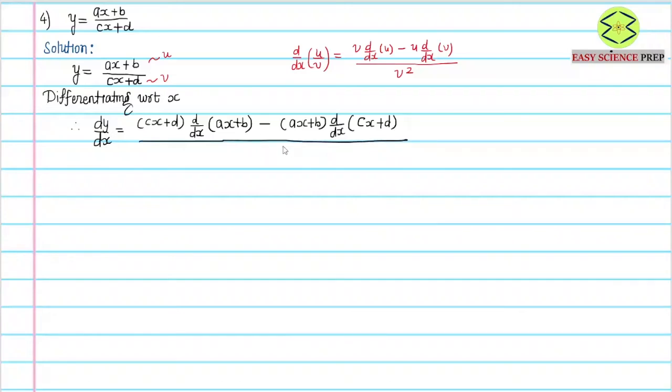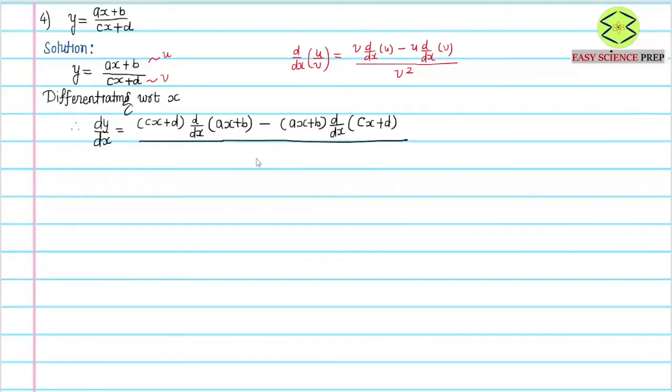Kindly remember here that all the terms a, b, c, d are constants. The only variable is the x term. There is no other variable here. We have only y as a variable and x as the other variable. All these a, b, c, d are constants.